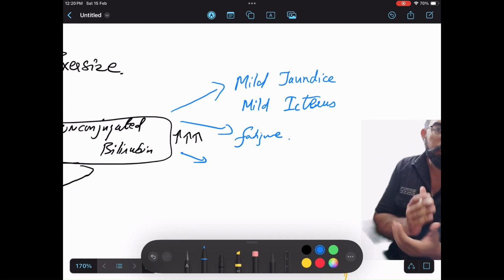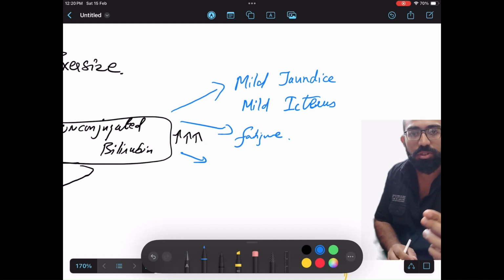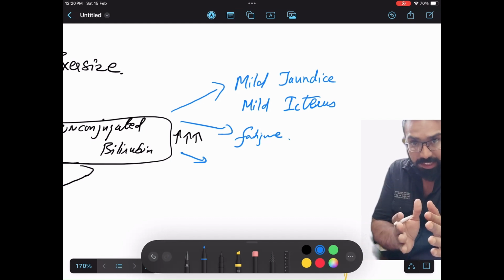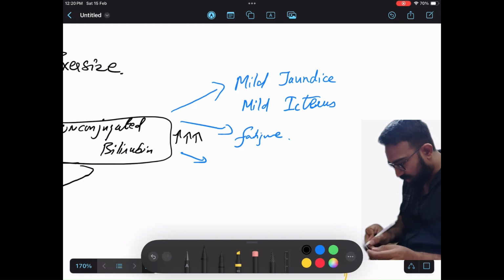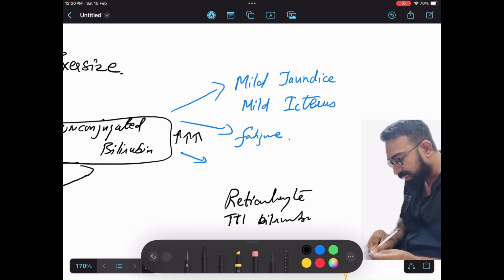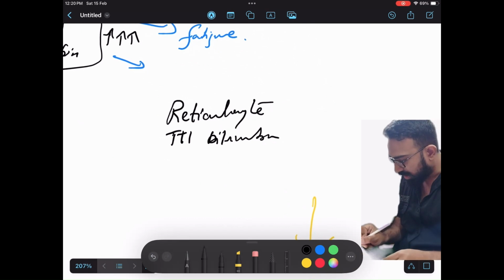So how do you diagnose Gilbert syndrome? We diagnose Gilbert syndrome clinically if there is mild jaundice when everything else in the blood is negative, meaning the reticulocyte count is normal and the total bilirubin is normal. Basically, the lab values are more or less normal.